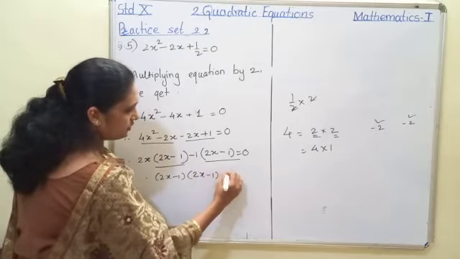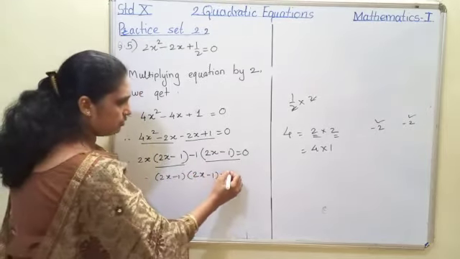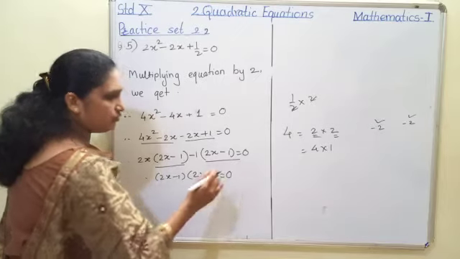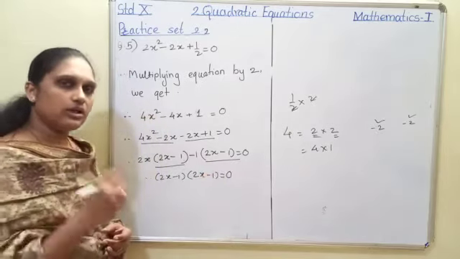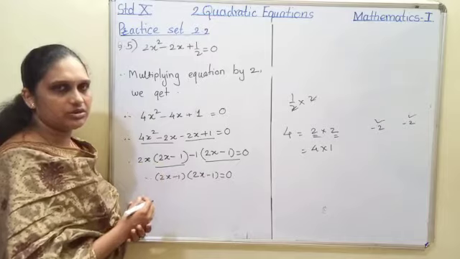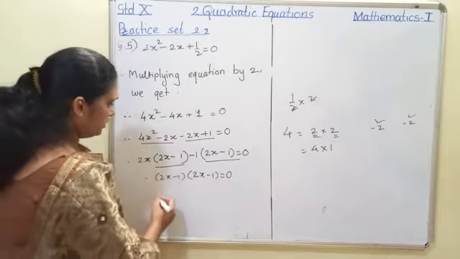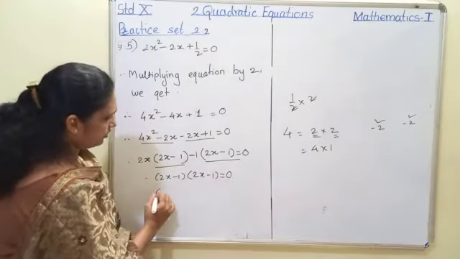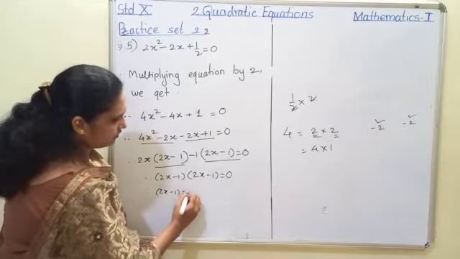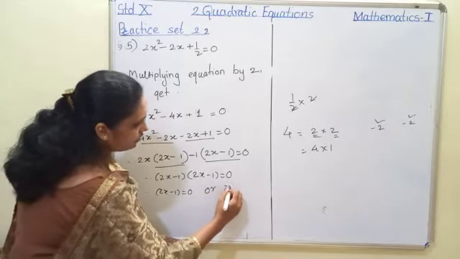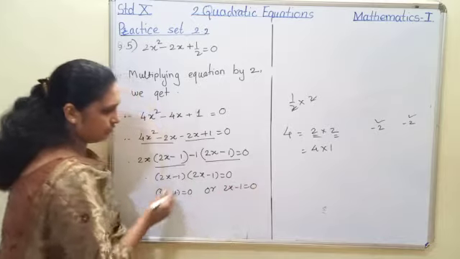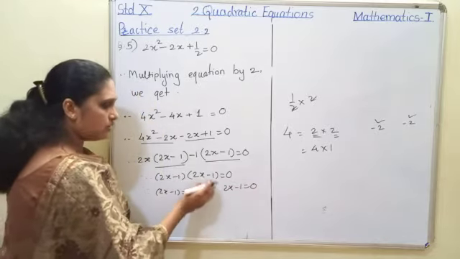Now, as our rule, I said, if the product of two numbers equals 0, that means any one of the numbers is 0 or both will be 0. So here I write, therefore, 2x minus 1 equal to 0 or 2x minus 1 equal to 0. First bracket equal to 0 or second bracket equal to 0.